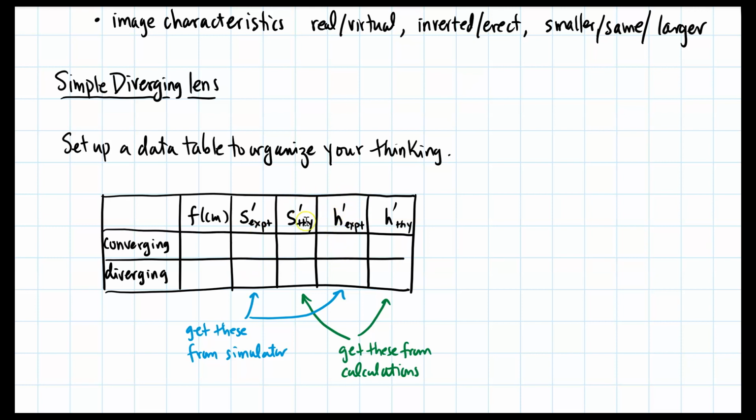And then using the thin lens equation, for my calculations, I calculate the image location, and then I predict the image height. And then just eye these two and these two and just see how they went. That is, are they really close? Or is there some mistake that you have to go back and fix?